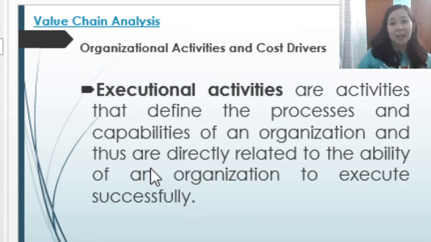What about executional activities? These, on the other hand, are the activities that define the processes and capabilities of an organization, and thus are directly related to their ability to execute successfully. This is the implementation of the rules, policies, and guidelines.